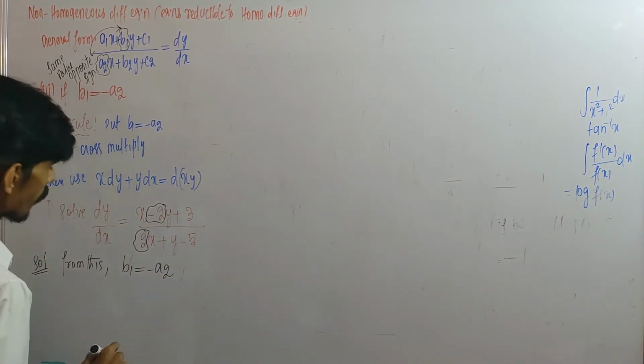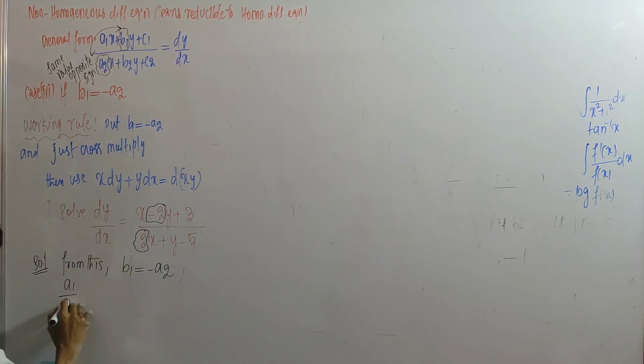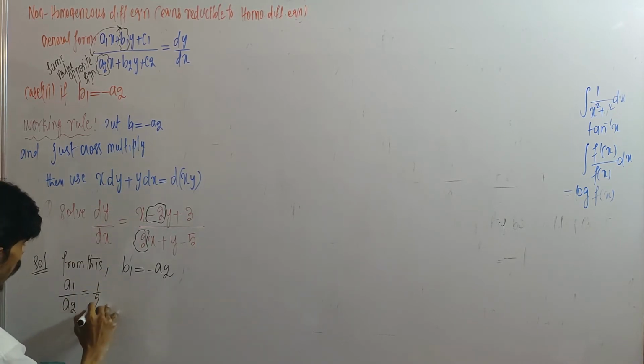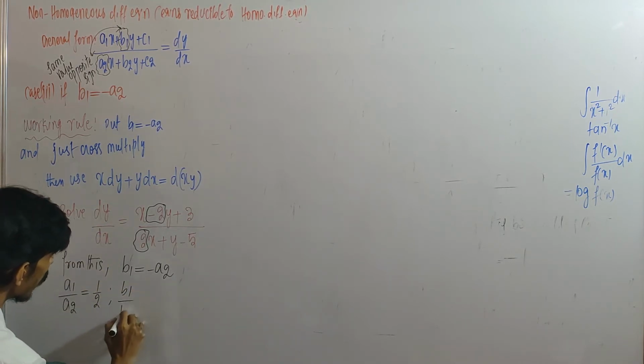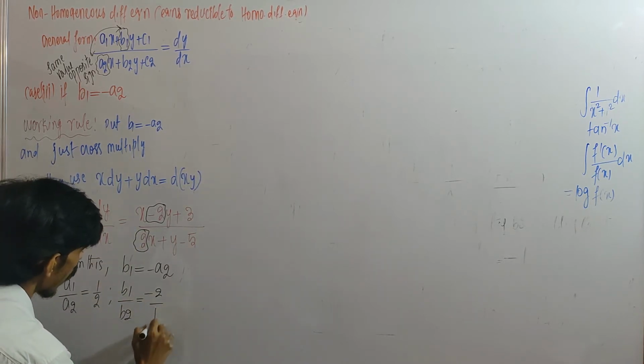Now a1 by a2 value, what is a1 by a2? 1 by 2. b1 by b2 is minus 2 by 1.